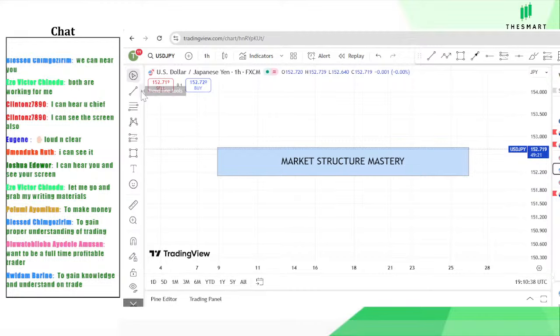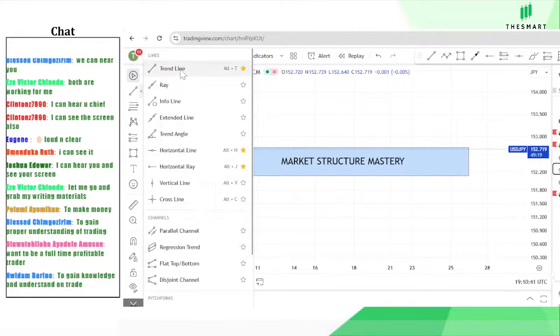If you click on this icon here, you have your trend line, and in trading you can't actually do without your trend lines. You have your trend line and the ray. The lines you'll be using more are your trend line and your horizontal line.